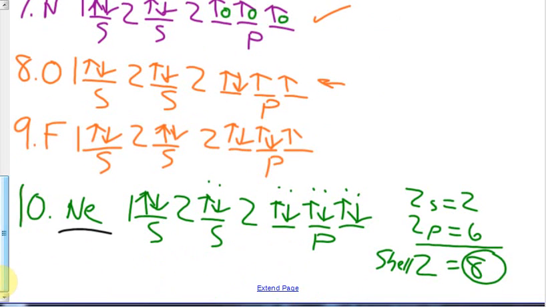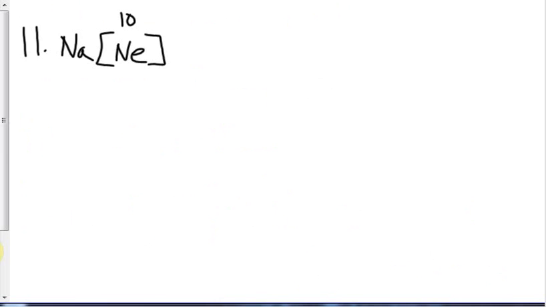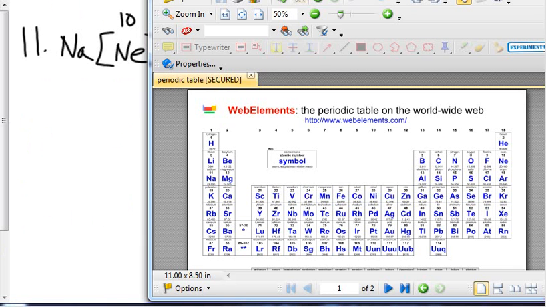You simply place neon in brackets, symbol Ne, and what this is telling you is that this accounts for the first 10 electrons, and it actually stands for all of this stuff right here. So the neon in brackets stands for all of that. So I don't have to record that. So now all I do is record new things. Well, what's our new thing we have to add?